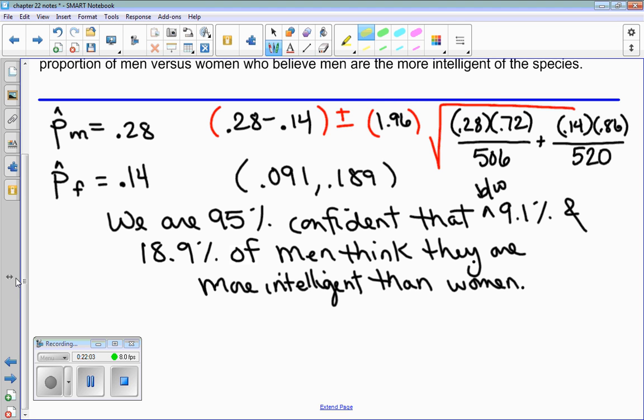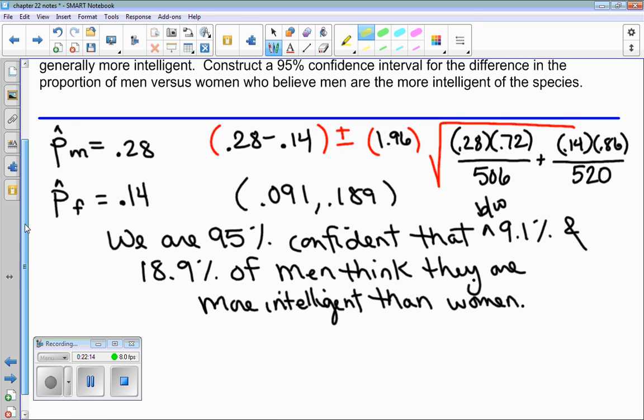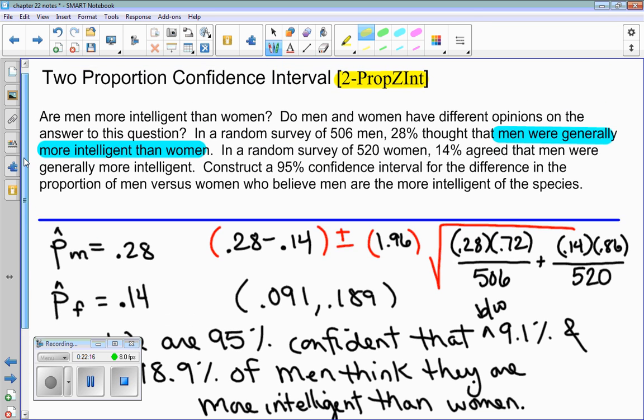That's what I mean. The difference between men and women is somewhere between 9.1 and 18.9. Okay? Yes. Compared to women. I like that wording in there too. That's fine.